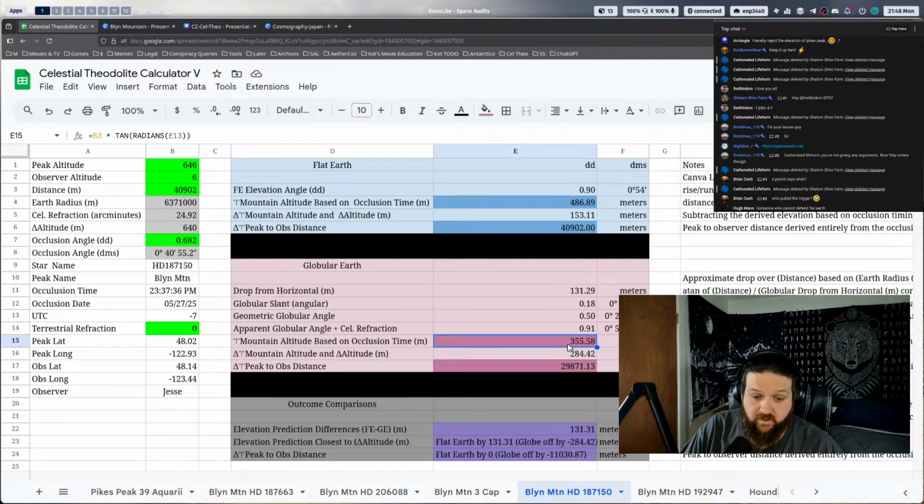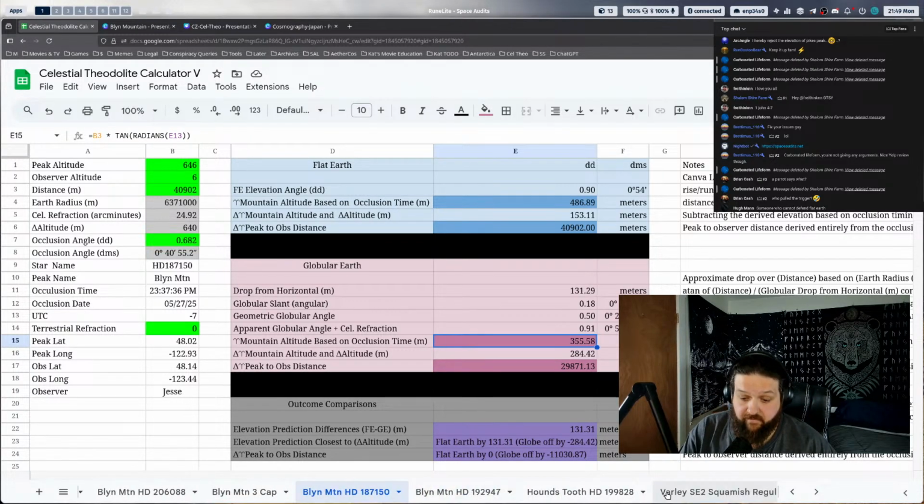We're literally just referencing the time that the star did the occlusion and what the globe predicts, and they're not even close. Or no, I'm sorry, they are close in some scenarios, but the real difference is in the distance, because only one of us is always on. The other one's off by hundreds or thousands of meters, depending on the scenario.